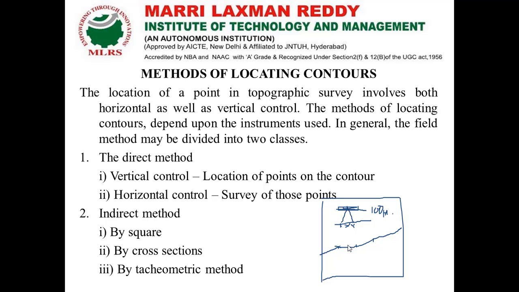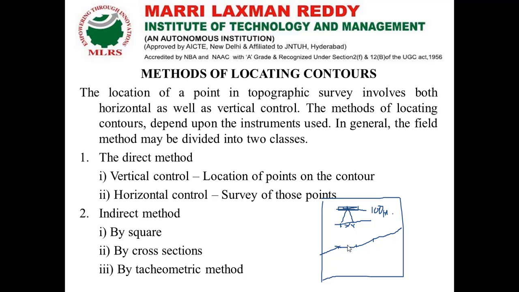Likewise I fix my reduced level, and based on that I work on the field. This is difficult and a waste of time while calculating the reduced level, so that's why we are not using the direct method in the field.